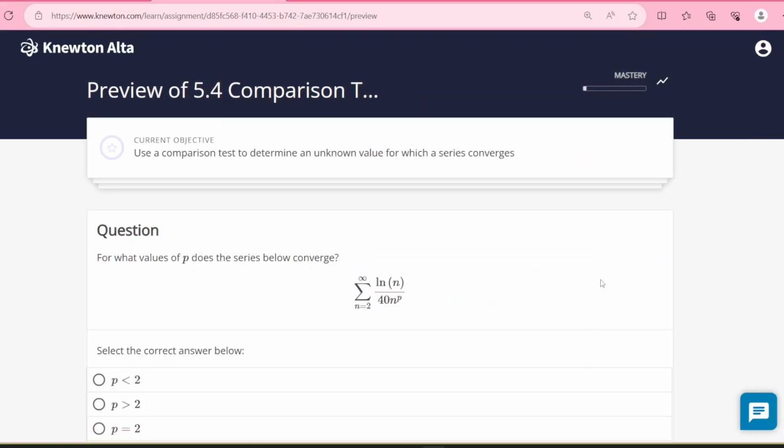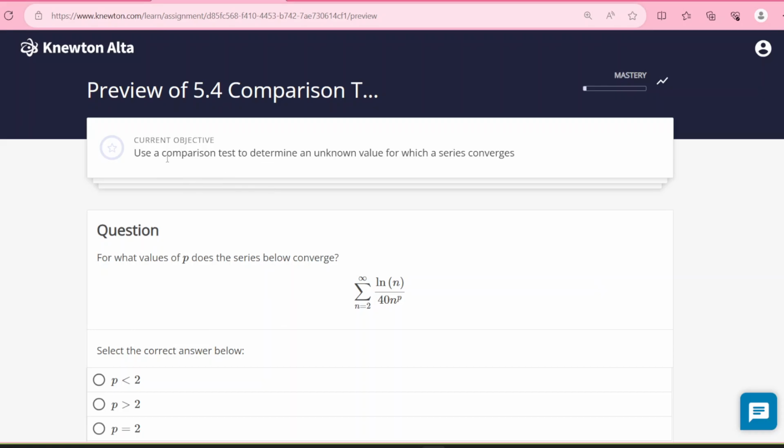All right, so now we have both comparison tests, the direct comparison and limit comparison. So now the rest of these problems should be involving one of those two things. All right, so here we're to use a comparison test.